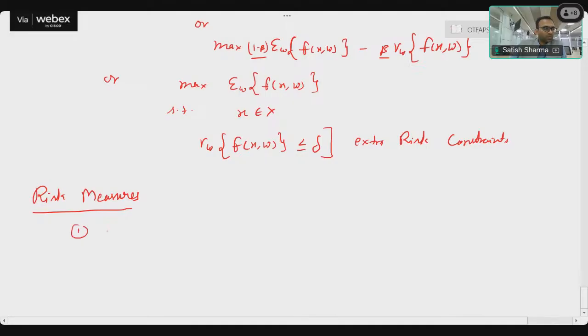One very popular measure is variance, which we discussed in the earlier morning session as well.